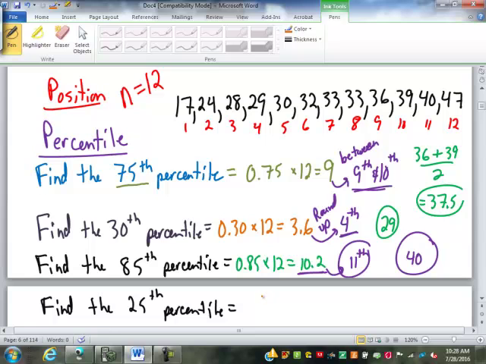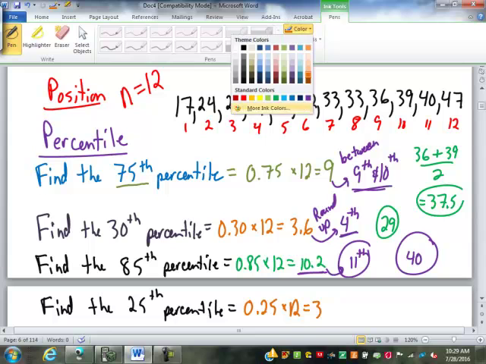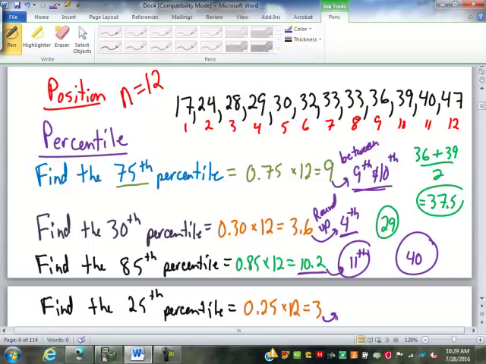25th? Oh, yep. Always round it up, if it's a decimal. Now for the 25th percentile, what do we do? 0.25 times 12, which gives us what? 3. What's that tell us about our position?